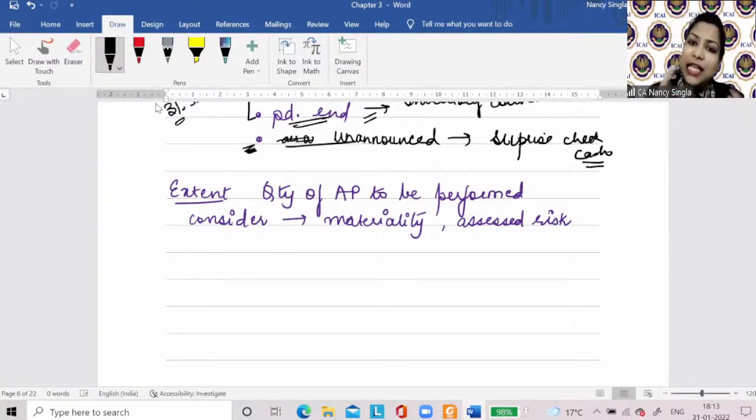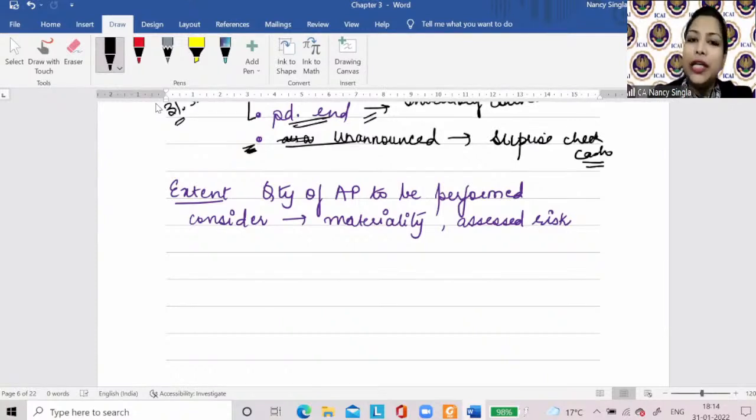When he's checking, he's performing an audit procedure. So what is the extent of audit procedure? The extent of checking, the quantity of audit procedures, which the auditor may determine depending upon his assessment of materiality and the risk of material misstatement, applying his professional judgment, right? So this was the concept of nature, timing, and extent.